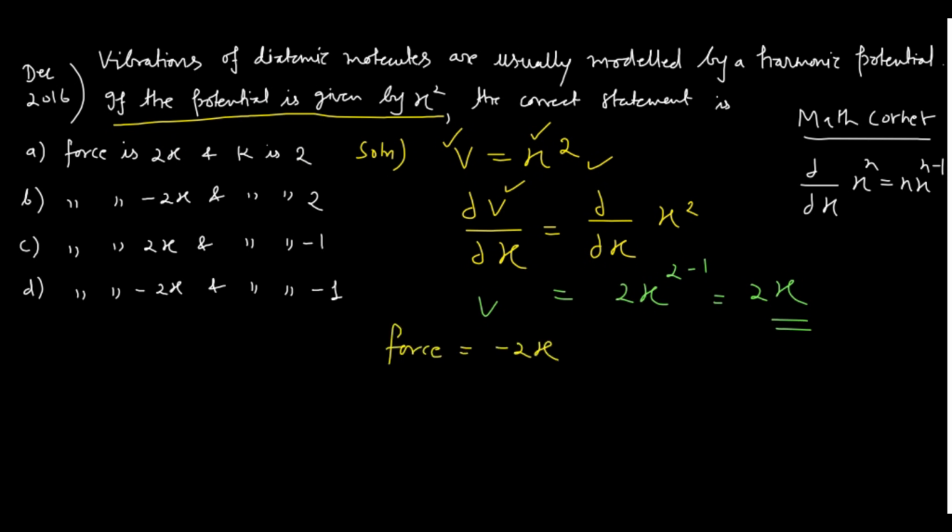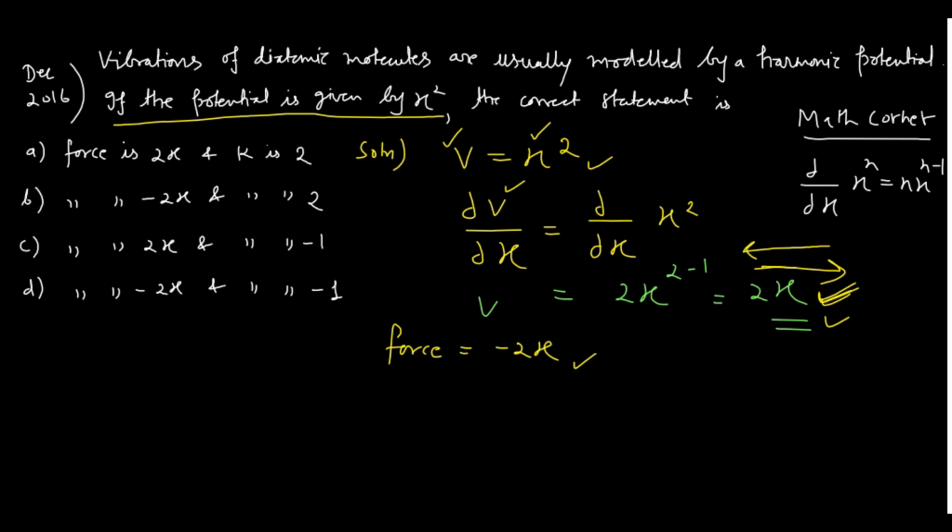That means you are stretching your spring or the bond, and the restoring force would be in the opposite direction. So if it is 2x, then the restoring force would be minus 2x. So let's check. Force is 2x, so this cannot be your answer, guys, because it is minus 2x. Force is minus 2x, so this B could be the answer.